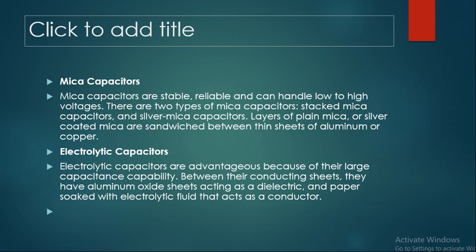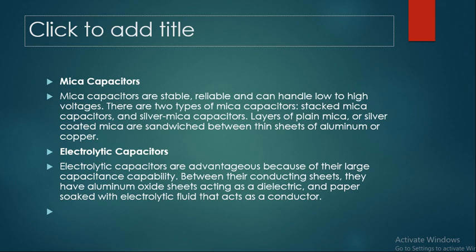These types of capacitors are stable, reliable, and they can handle low to high voltages. There are two types in this category: stacked mica capacitors and silver mica capacitors. Layers of plain mica or silver coated mica are sandwiched between thin sheets of aluminium and copper.